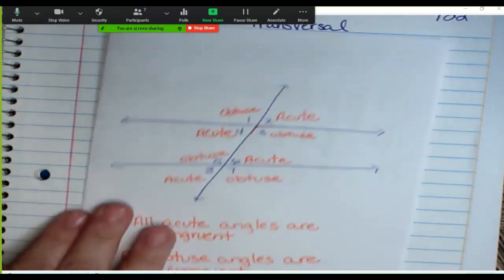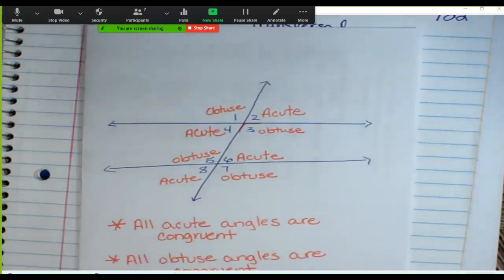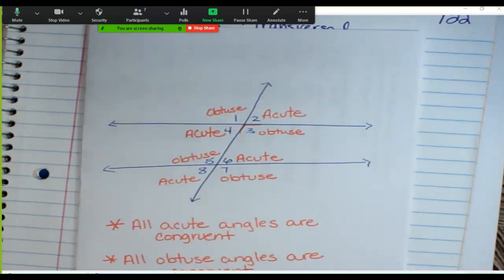All right, let's test this out. Let's do some true-false. Find in your head a pair of alternate interior angles. True or false? Alternate interior angles are congruent. True.